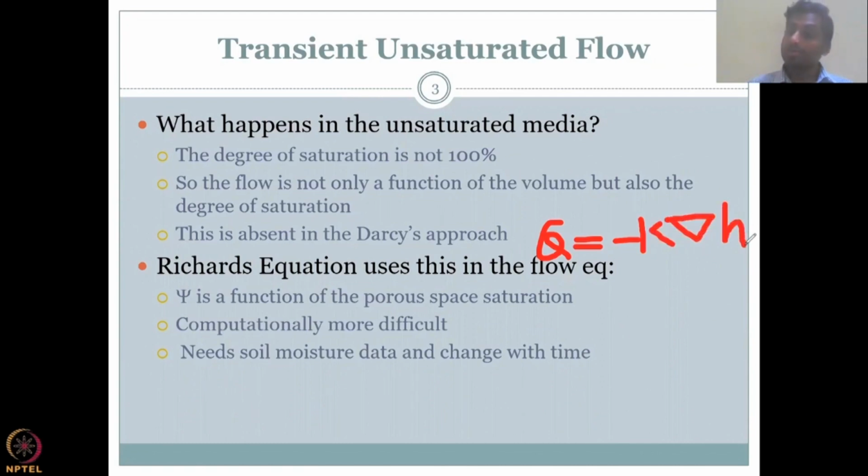So here, there is nowhere you have a saturation attached because your K was only a function of how easily the material allows the water to flow or the fluid to flow. So it is a function of the pore space and also the fluid, and here it is water.